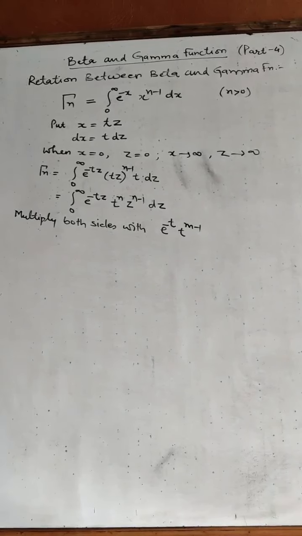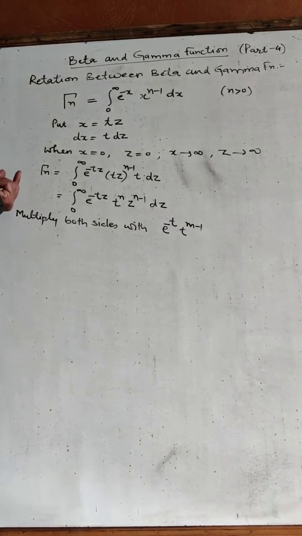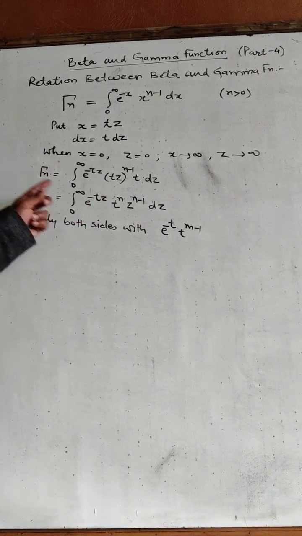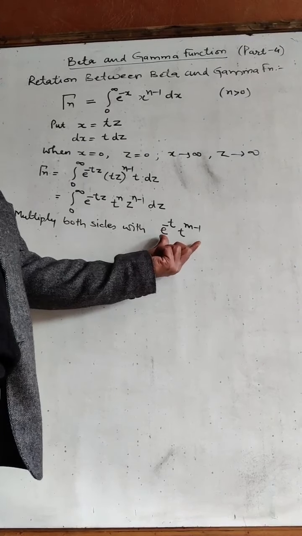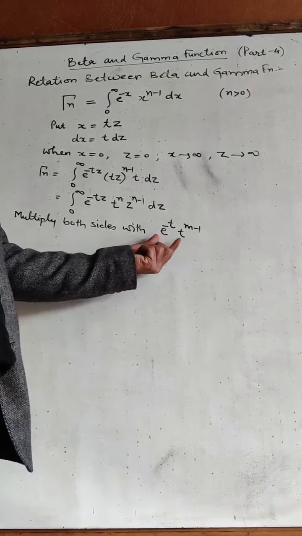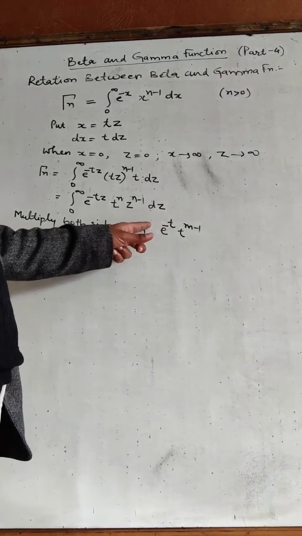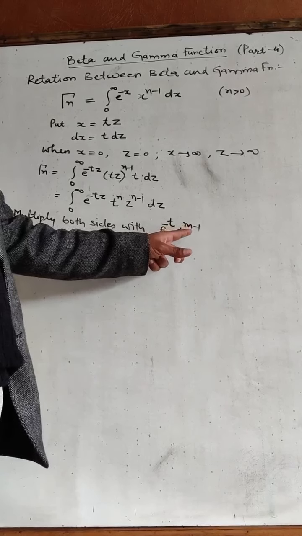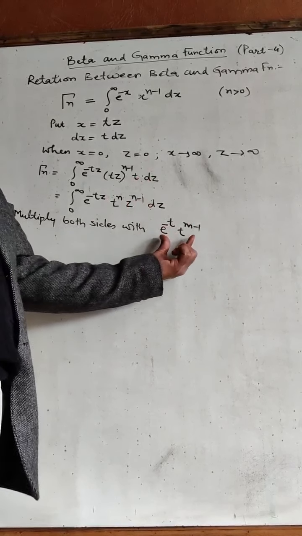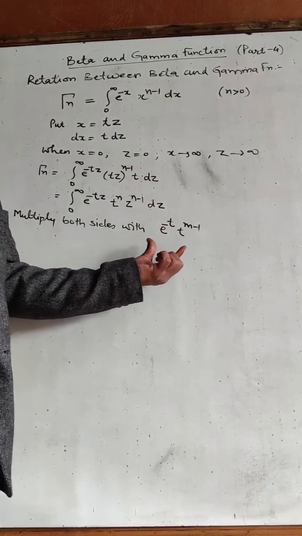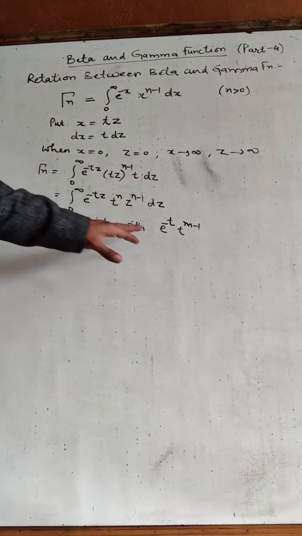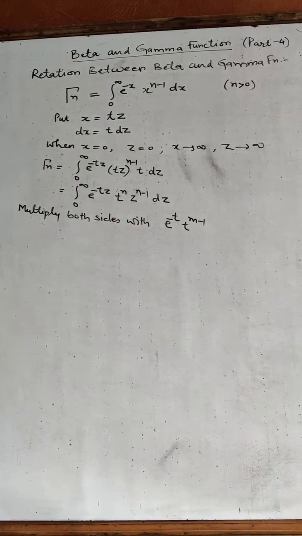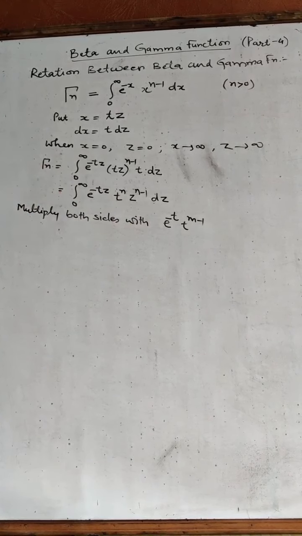Basically what we are trying to do is construct a new gamma function, gamma of m. When we write gamma of m, it would be the definite integral from 0 to infinity of e raised to the power minus t, t raised to the power m minus 1 dt. So we have taken these terms in such a way that after integration we can construct a new function gamma of m in multiplication with this gamma of n.